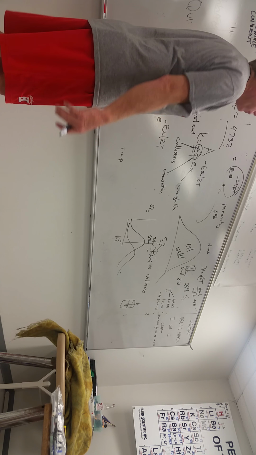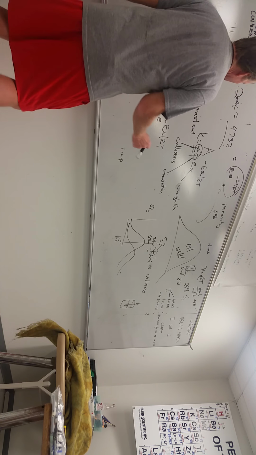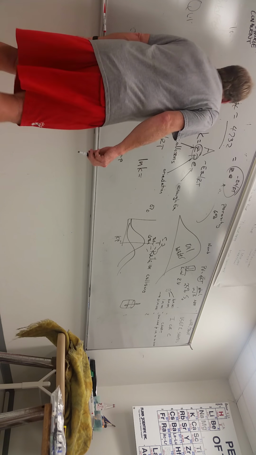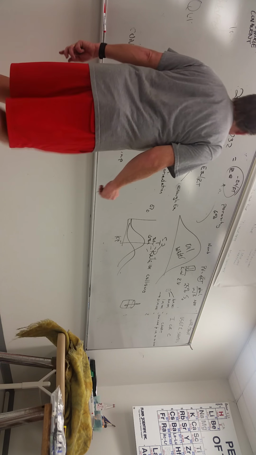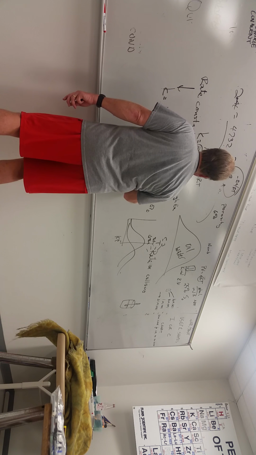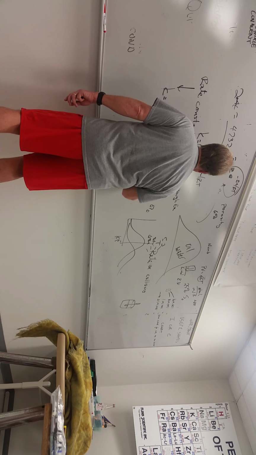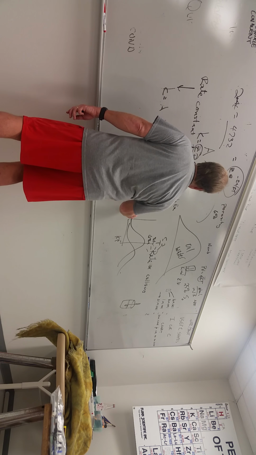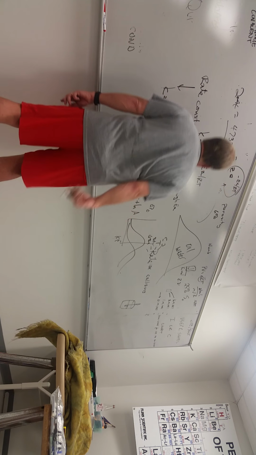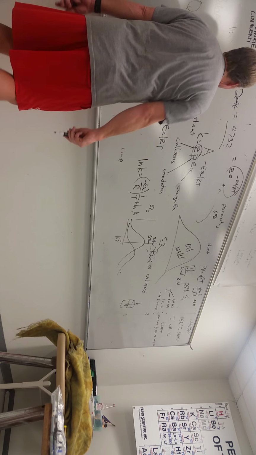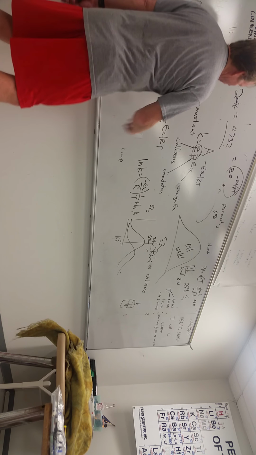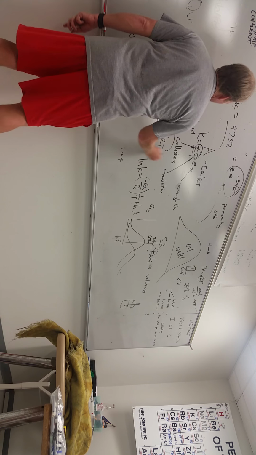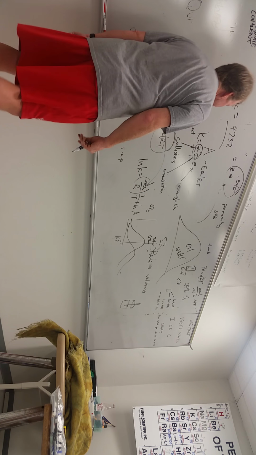So if I take the natural log of both sides of this equation, what I get is that the natural log of k is equal to negative Ea over R times 1 over T plus the natural log of A. Because those things are multiplied together, the log of a times b is equal to the log of a plus the log of b. So this is all of that right there.